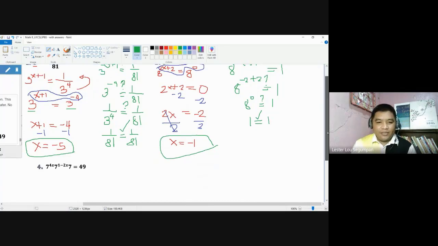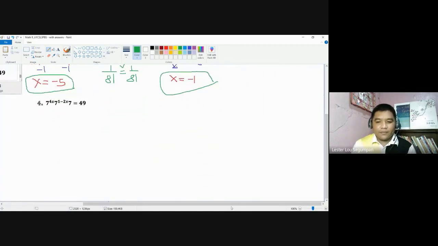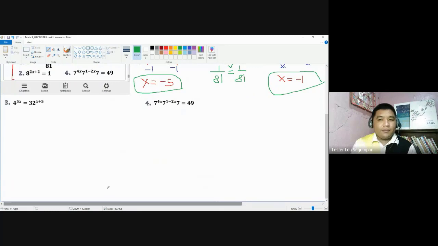Let's go to number 3. Number 3 here with bases 4 and 32. 4 cannot be expressed as base 32. Neither can 32 be expressed in base 4. So what should we do here? Looking at the two expressions, we could actually express both of them as base 2.